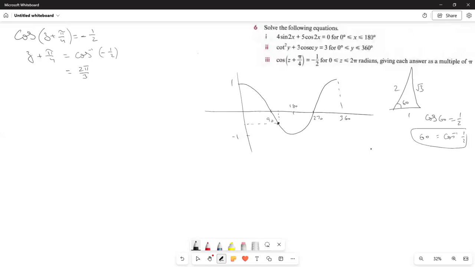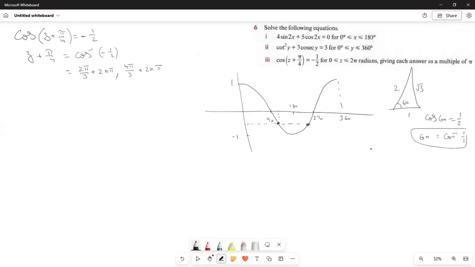And to this value I have to add 2 n pi, the multiples of 2 pi. In the same way, I have this other answer as well, which is going to be 4 pi by 3 plus 2 n pi. And why is it so?